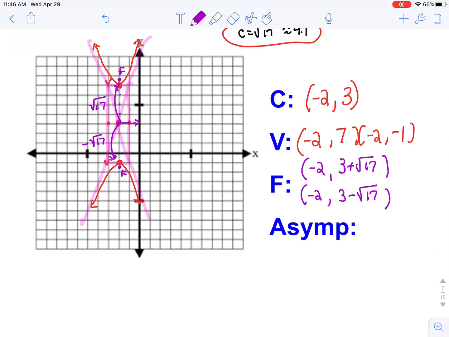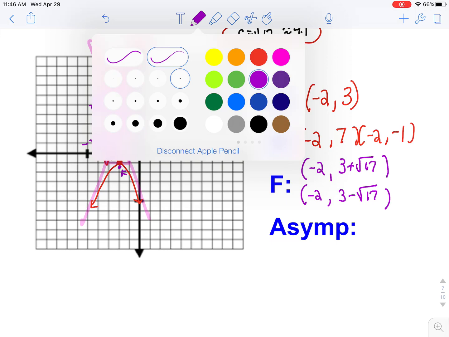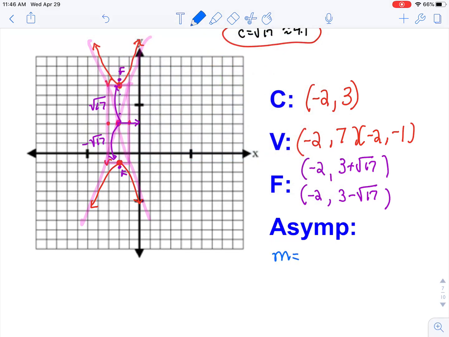For your asymptotes, find your slope. My slope, I went up 4 units and right 1. So my slope was 4 over 1 or negative 4 over 1. So I know my slope, plus minus 4. And both asymptotes went through the center point, which was at negative 2, 3.